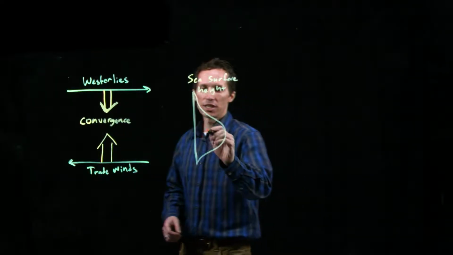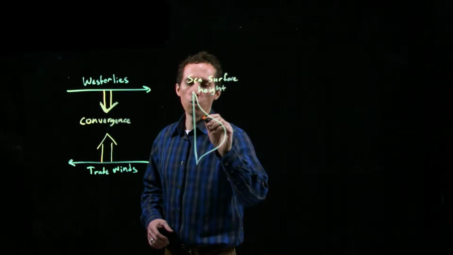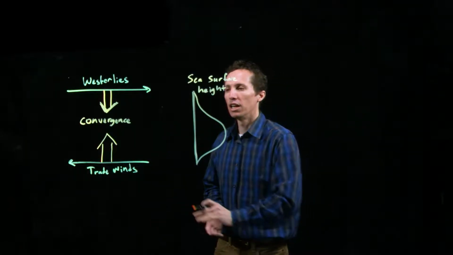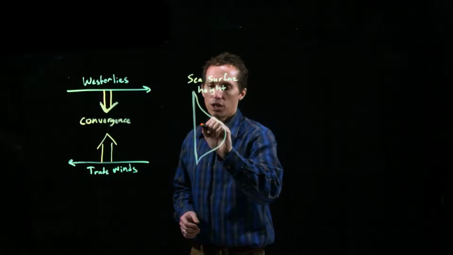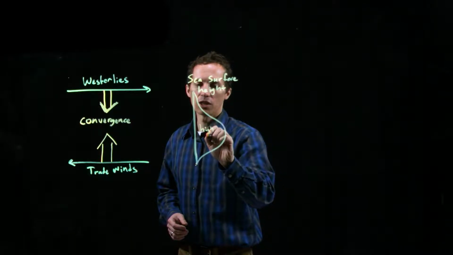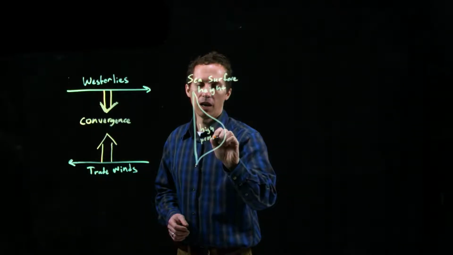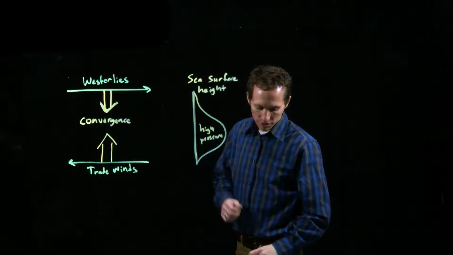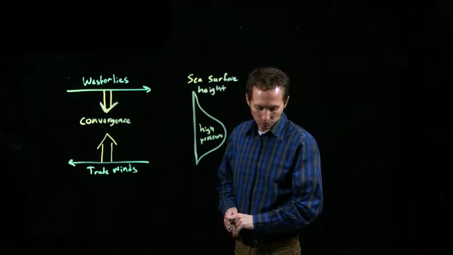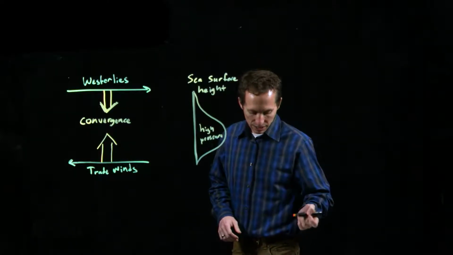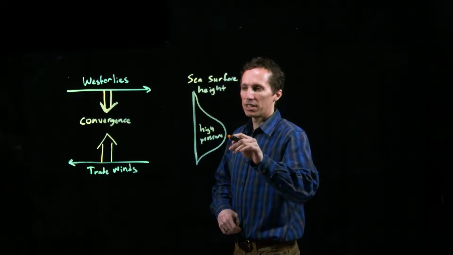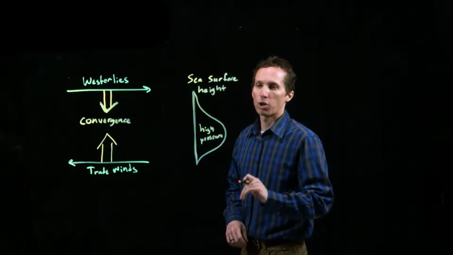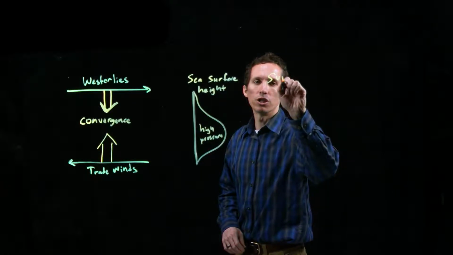And so this essentially creates a doming of the surface of the ocean in this convergence zone, where we get essentially high pressure, a buildup of seawater.